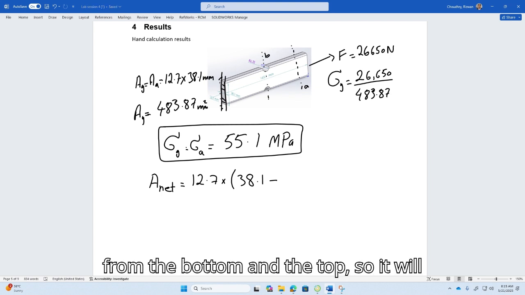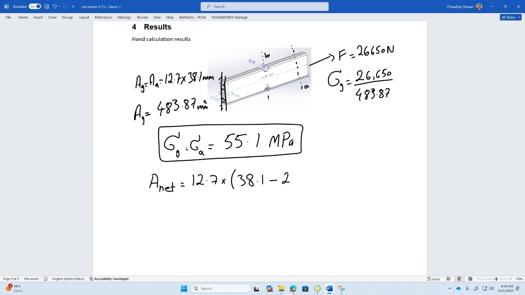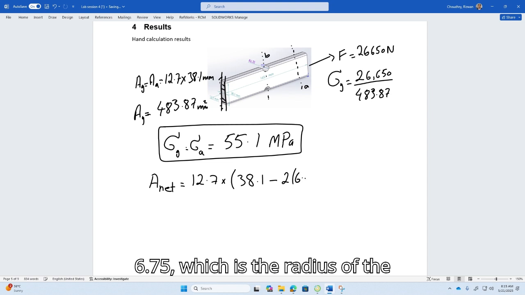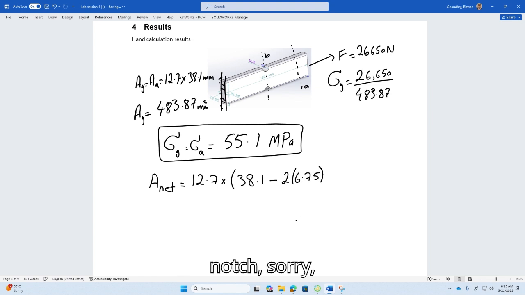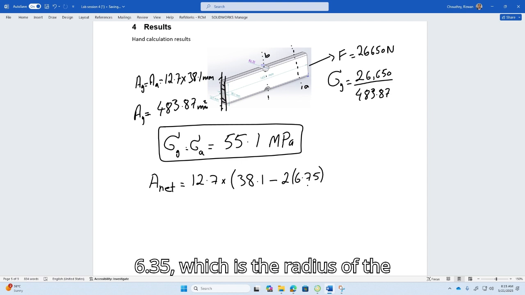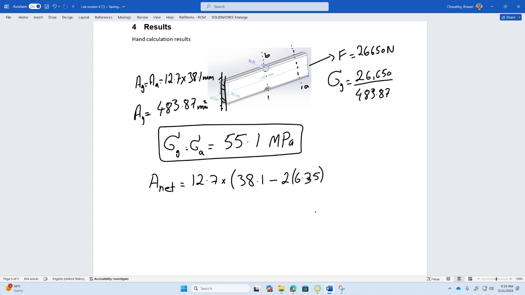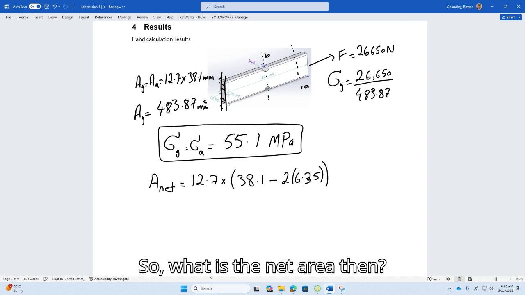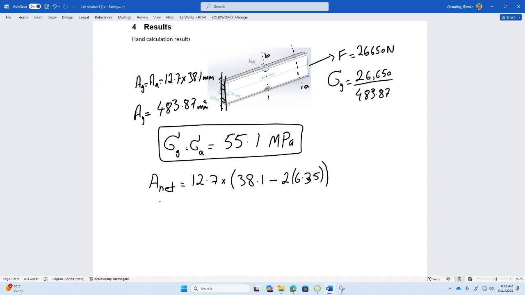So it will be 2 into 6.35, which is the radius of the notch. So what is the net area then? What's the net area?